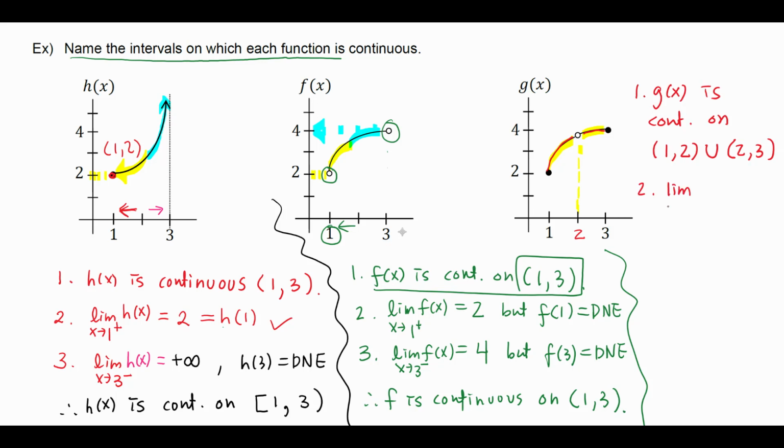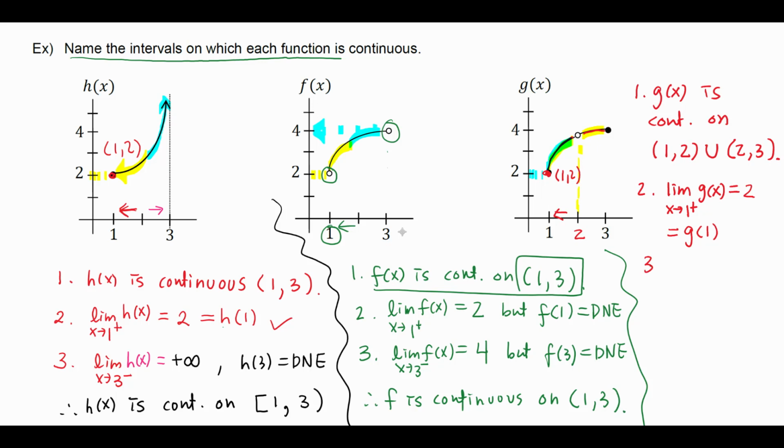Okay, limit as x approaches 1 from the right of g of x is what? If you get closer to 1 from the right, then the limit is 2. And that is equal to your function value, right? Because you do have a function value there, which is g of 1, and g of 1 is 2 since this point is (1, 2).